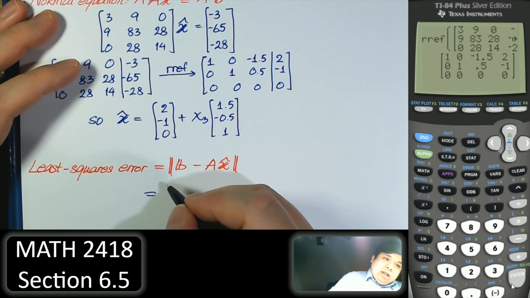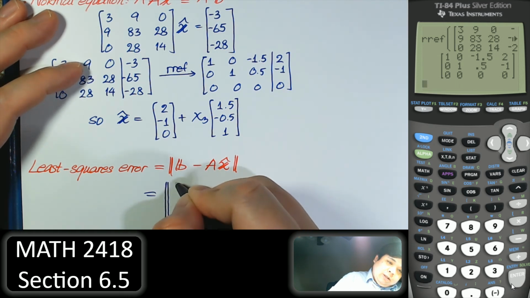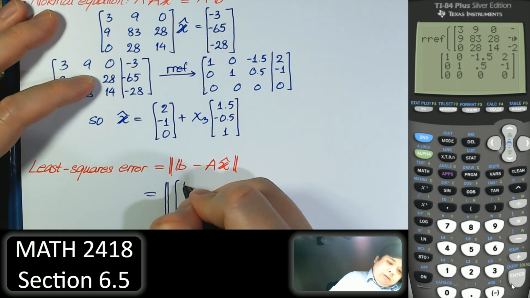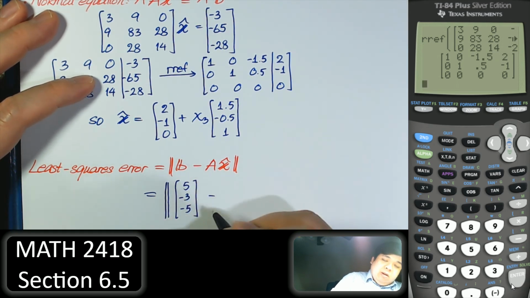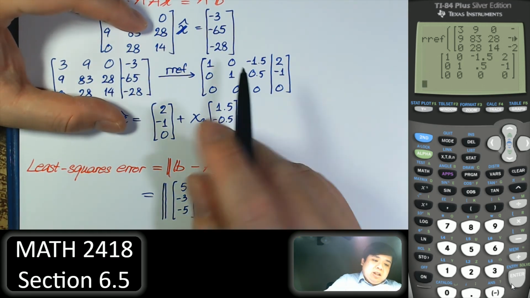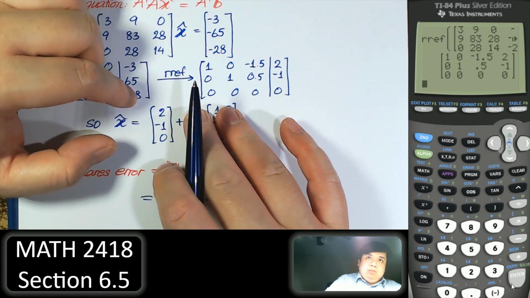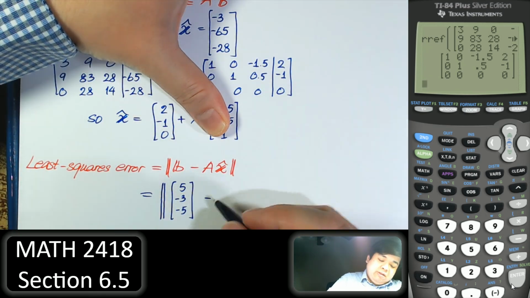So b is 3, 1, 5, negative 3, negative 5, minus A x hat. For simplicity, because we just want the error, just choose x3 to be 0. So we just have that.